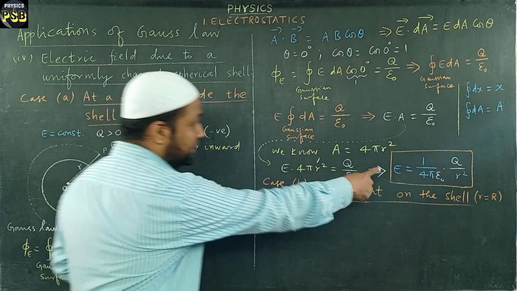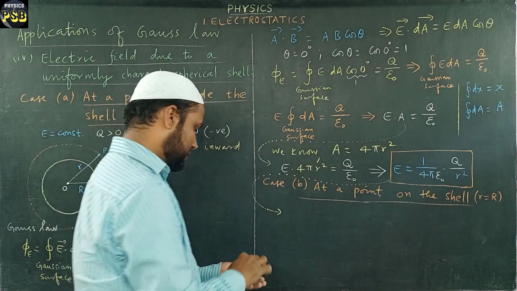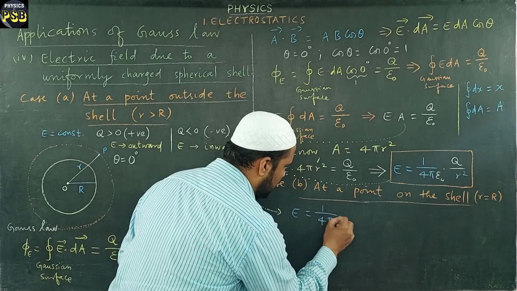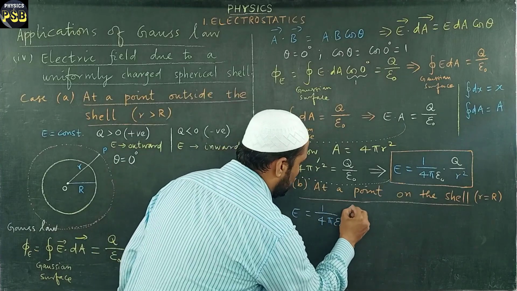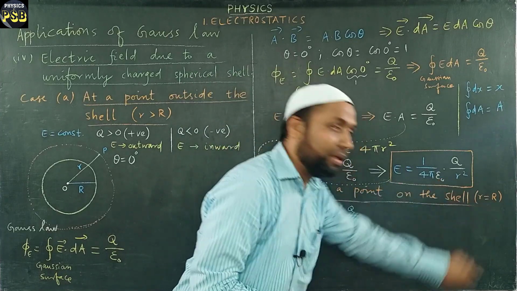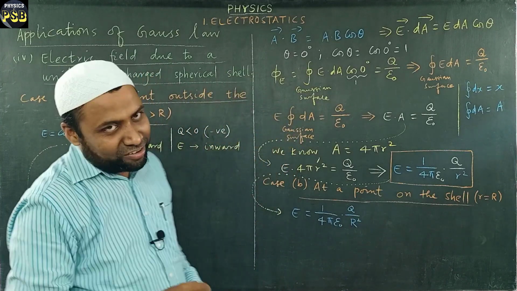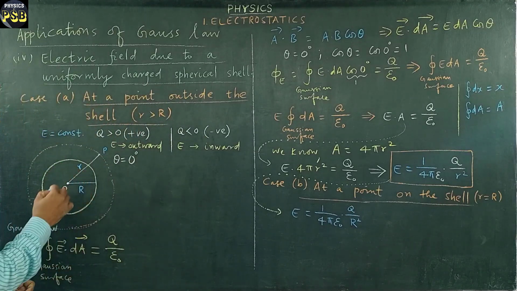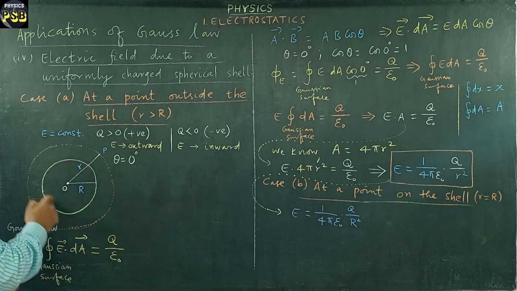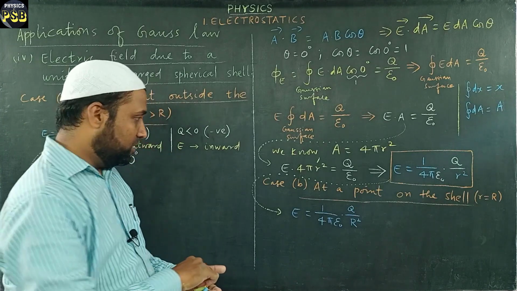This expression will be written as E equals 1 by 4 pi epsilon naught, Q upon, in the place of small r, I write capital R, capital R square. This is the electric field at point P taken on the surface of the charged shell. Okay, I box this.